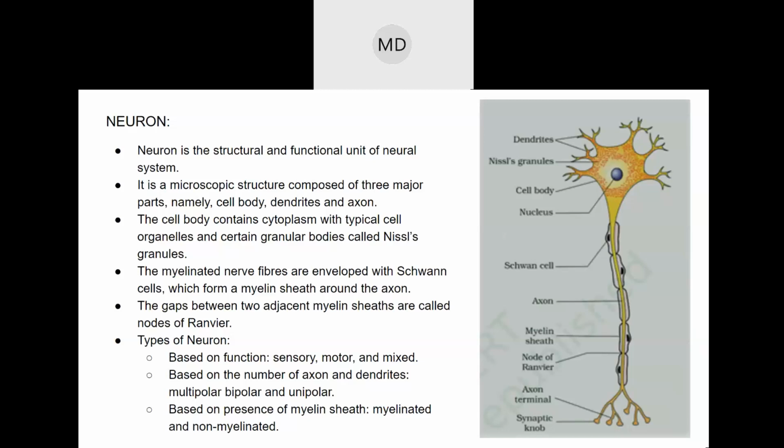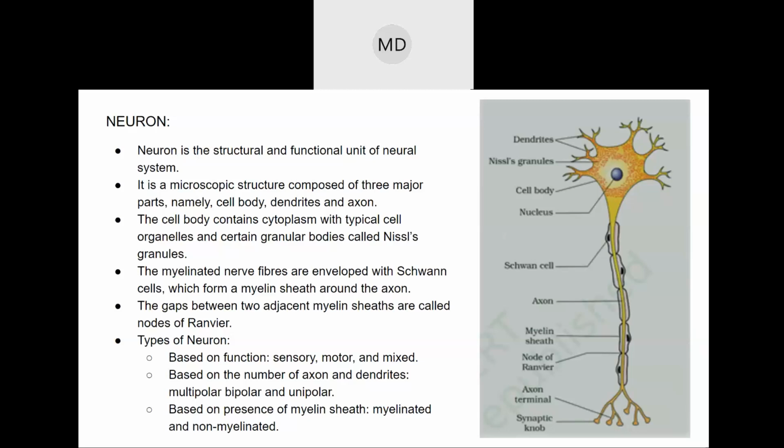Okay, it relays signals. So yes, I have written it point wise so that it will be easy for you to remember stuff.